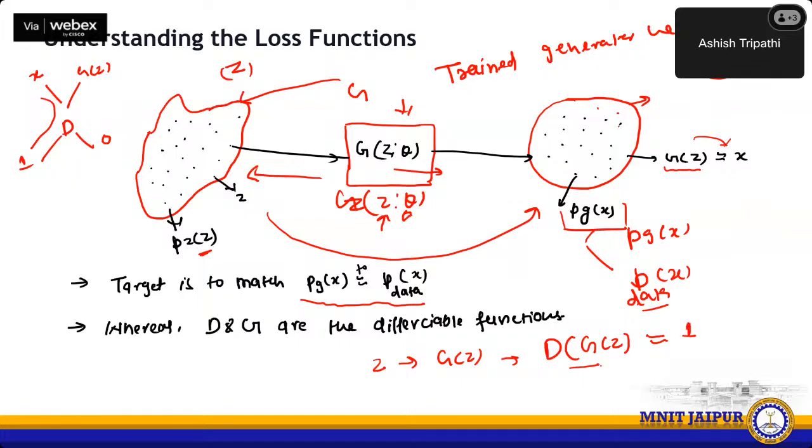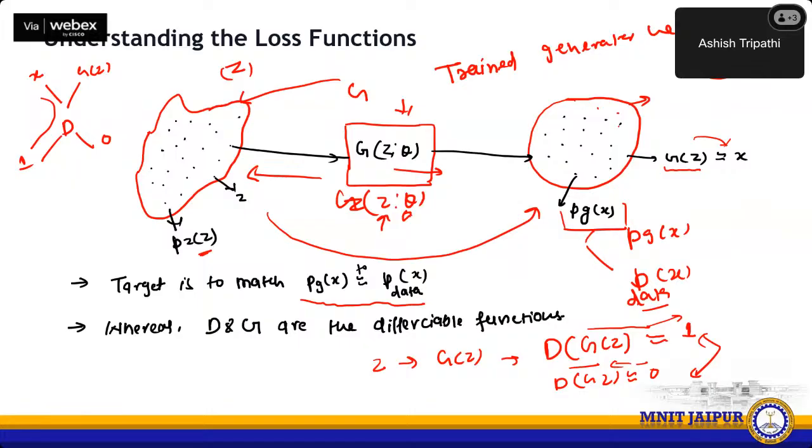This is the aim of the generator. Whereas discriminator will want to have this G of Z equivalent to 0. So the objectives of generator and discriminator are different. What generator wants is that discriminator should give 1 for the data that I have supplied, and what discriminator wants is that it should produce always 0 for the fake data.